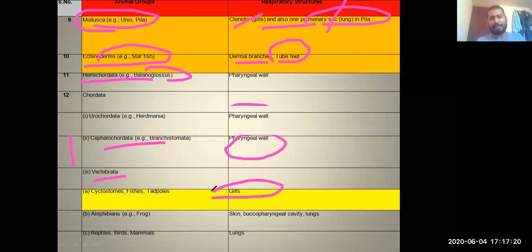Vertebrata, basically fishes, cyclostomes, fishes and tadpoles, perform respiration through the gills. Amphibians like frogs respire through the skin, buccopharyngeal cavity and lungs. And last are reptiles, birds, mammals. They have well-developed lungs by which they perform their respiration.